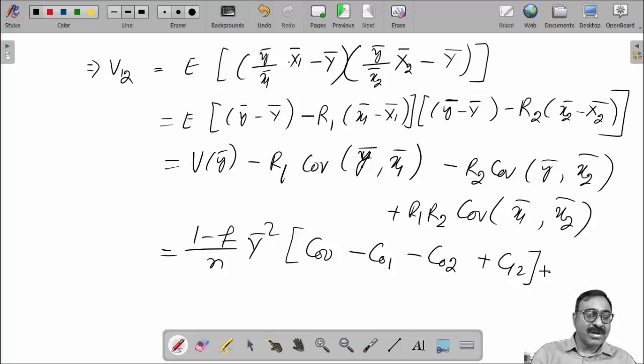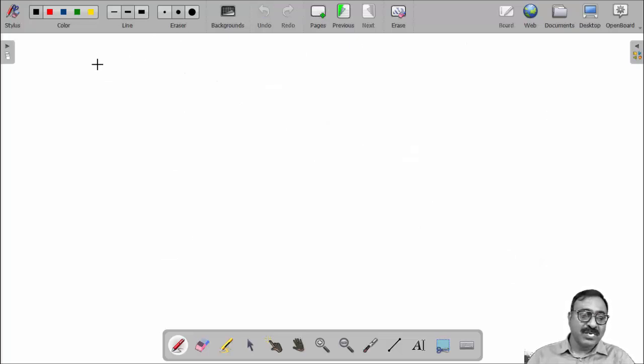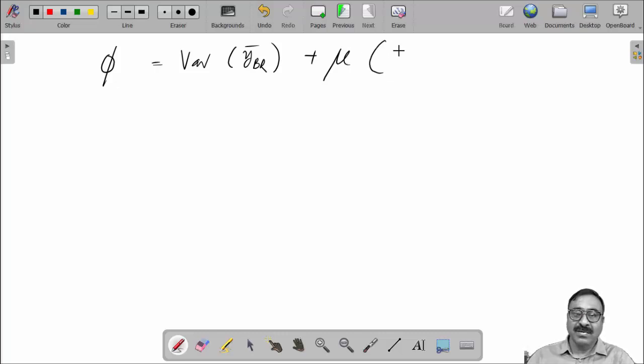Now we can use a function, because we have to minimize the variance of the bivariate ratio estimator. So we use a function phi that is equal to variance of Y BR bar plus mu into (summation i equal to 1 to 2 Wi minus 1).